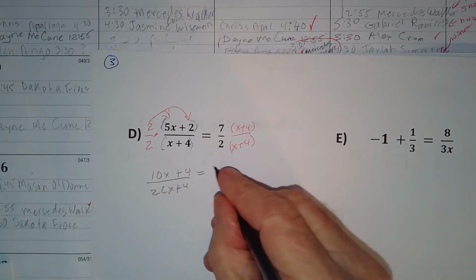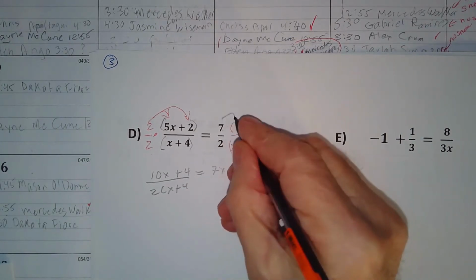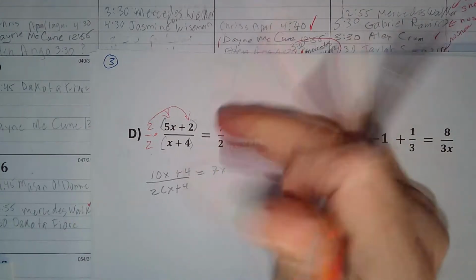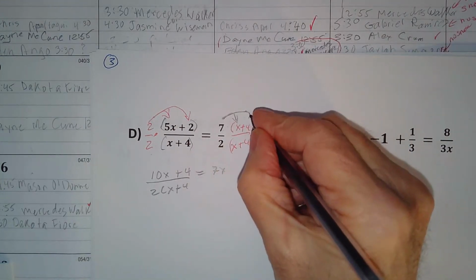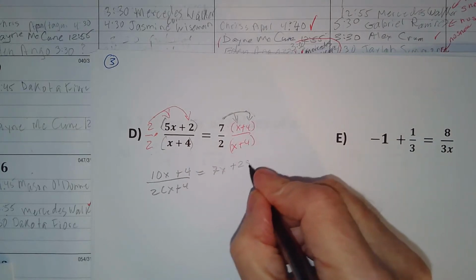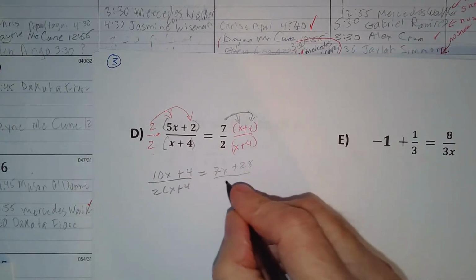So 7x. Distributing here and here. Whoops. So 7 times 4 is 28 over 2x plus 4.